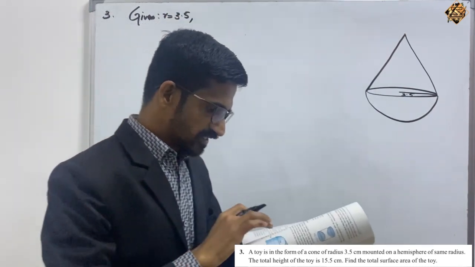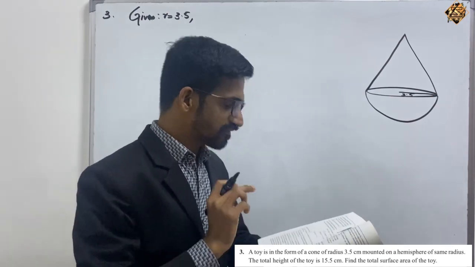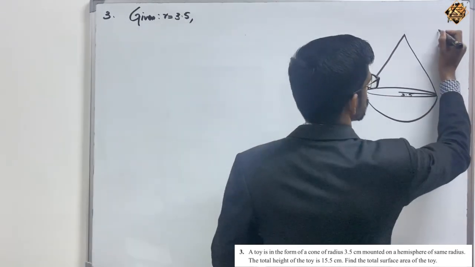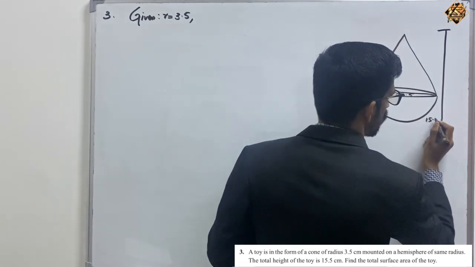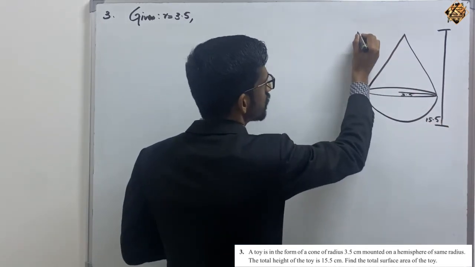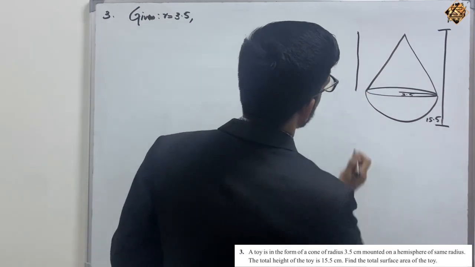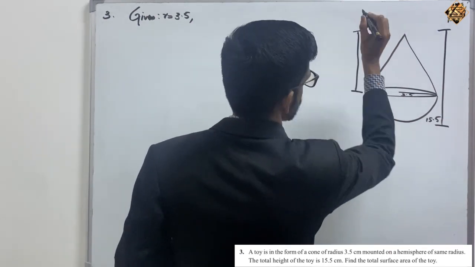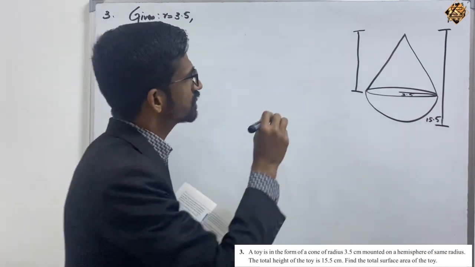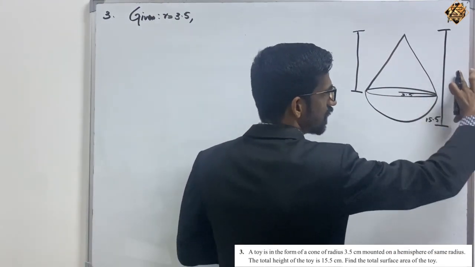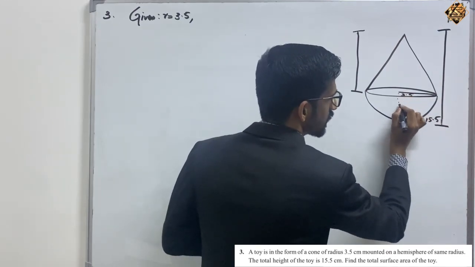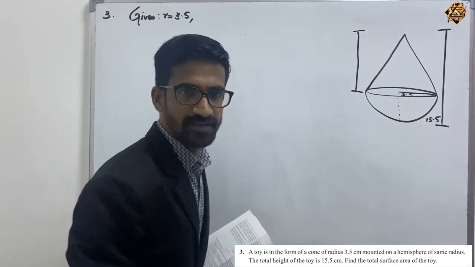And it's also given that the total height of the toy is 15.5. Please note that the total height of the toy is 15.5. So what will be the height of the conical part alone? For that we will subtract the radius of the hemisphere from the total height.